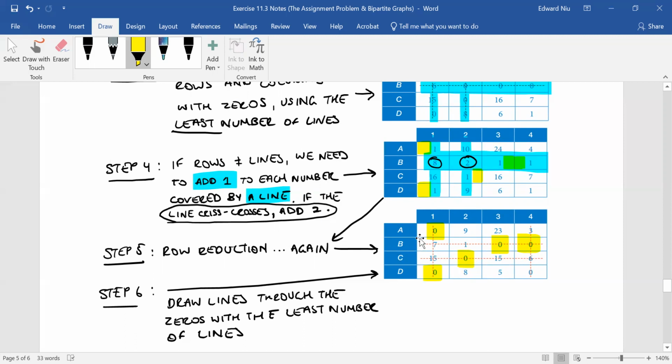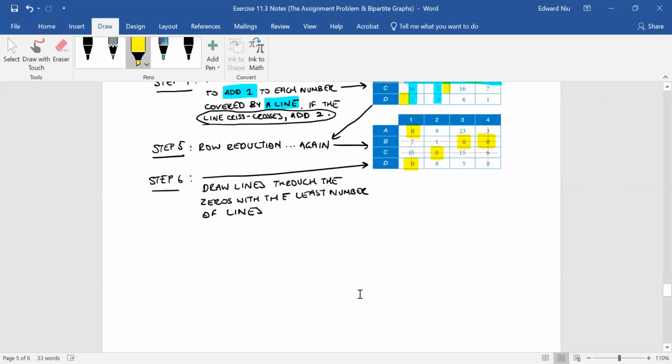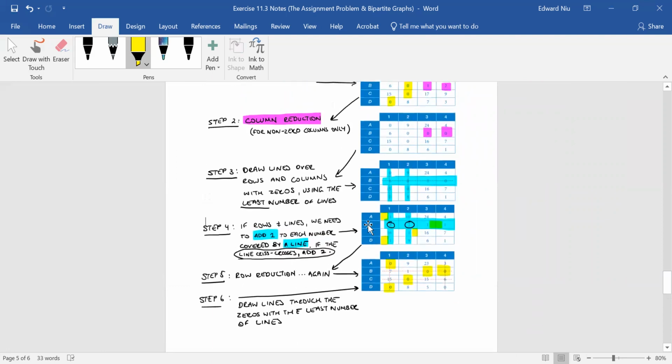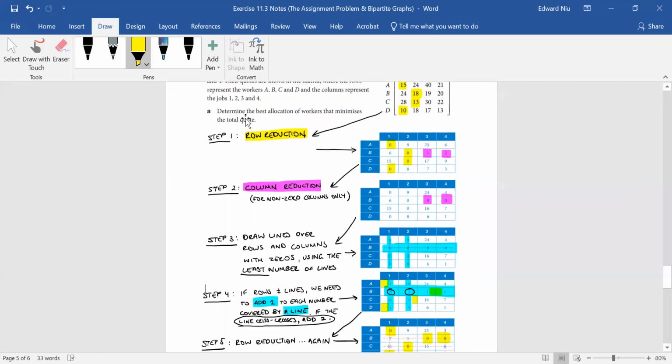And so that means we have 4 lines. It equals the number of rows. Now we can proceed. If we zoom out, we can proceed to the last part of the question, which is determine the best allocation of workers that minimizes the quote.